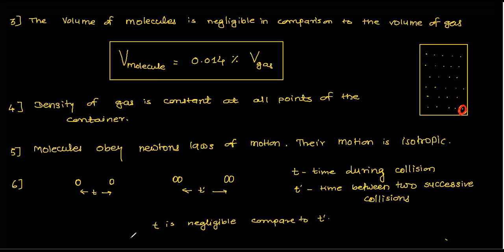And one more point here: you see, always the number of collisions per unit volume in a gas remains constant. Okay, next.